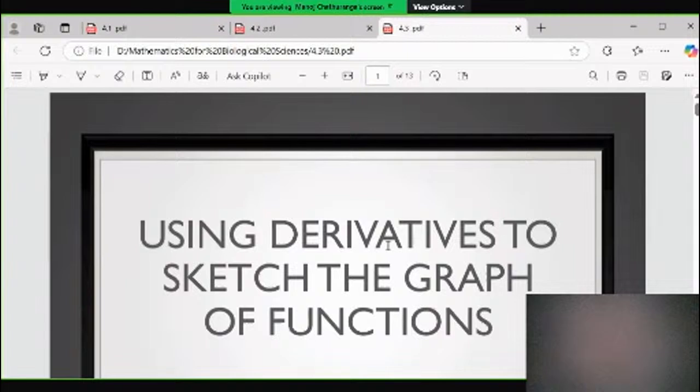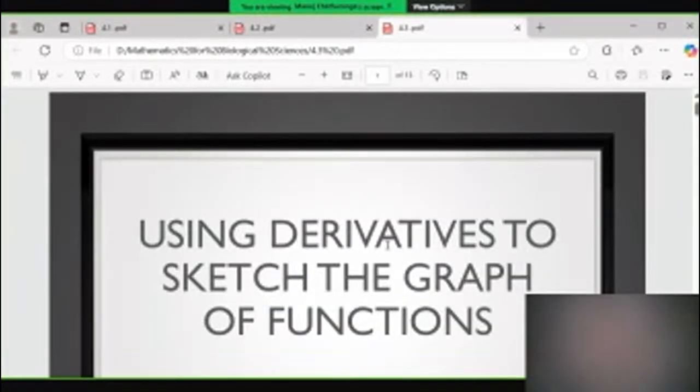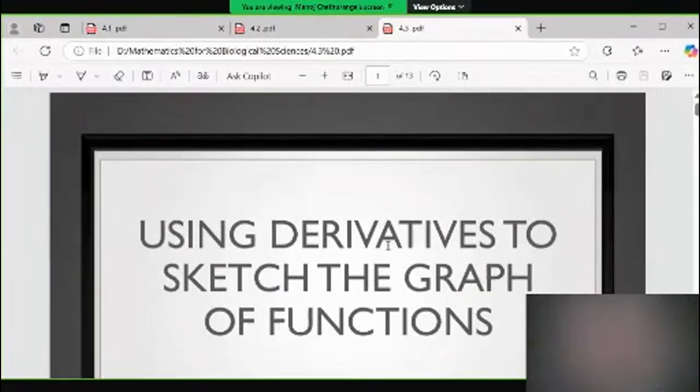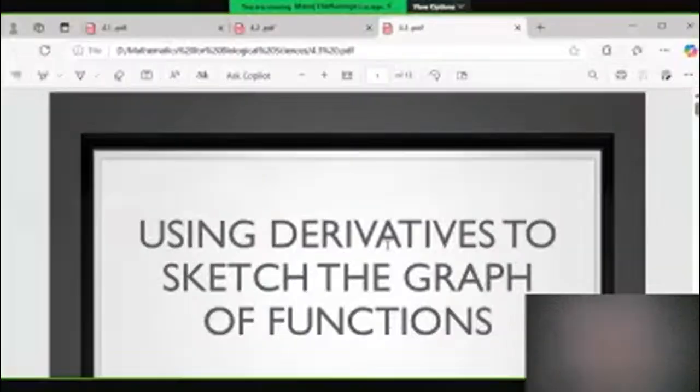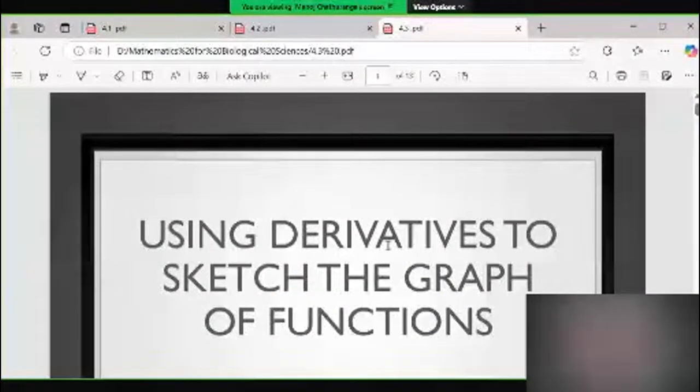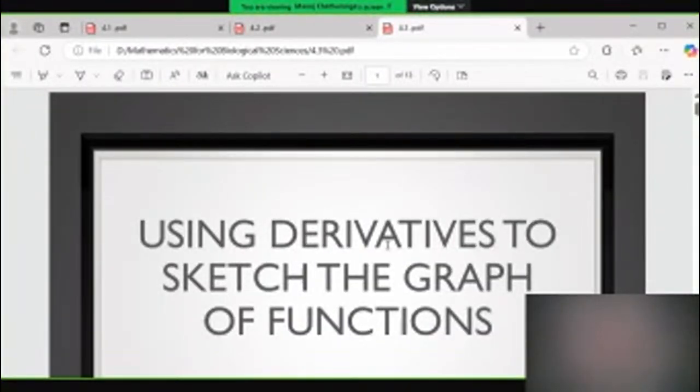we try to sketch a graph because graphs help us to see it, visualize it. Even though the equations are complicated, by just looking at the graph, we can say what happens in this region. It increases to this point, it has a peak value, then it decreases, and all these things.